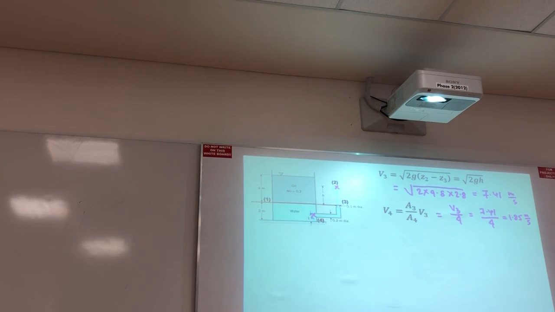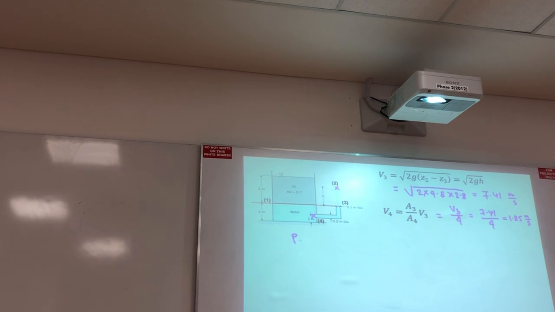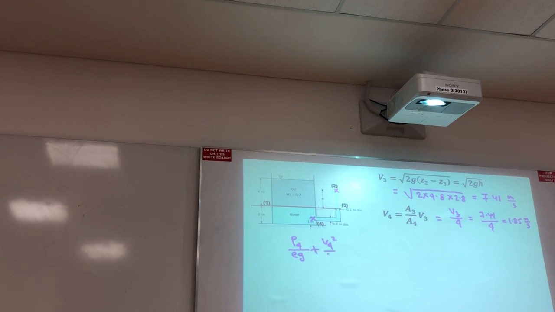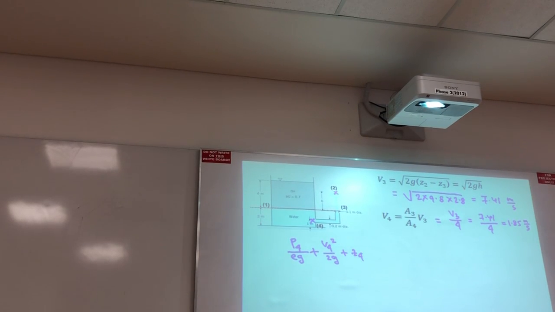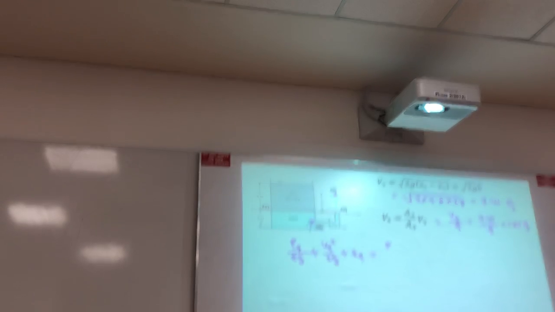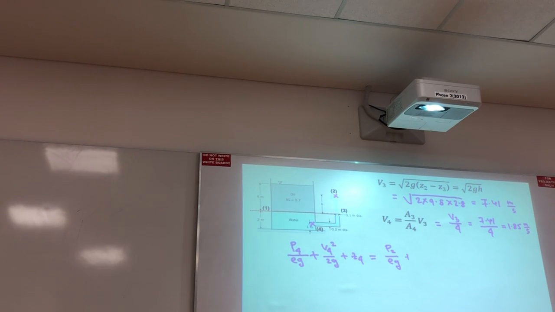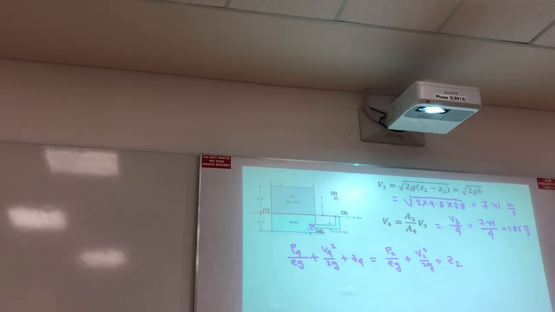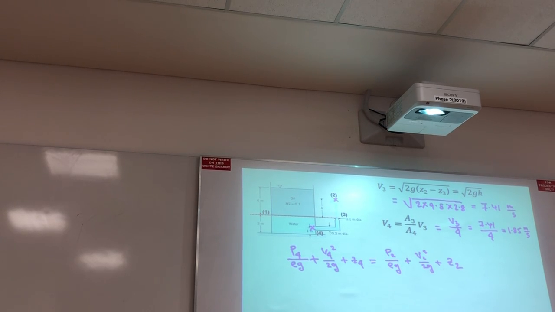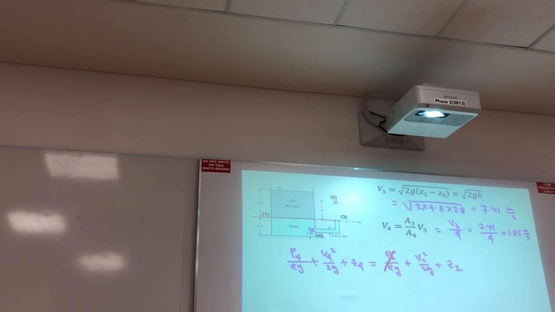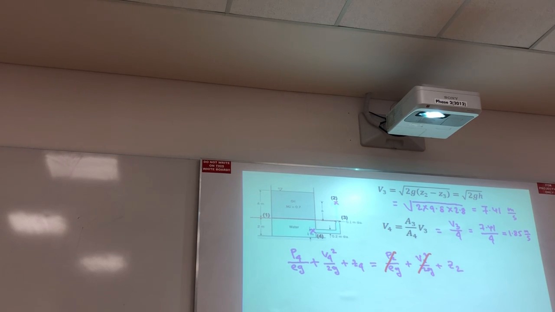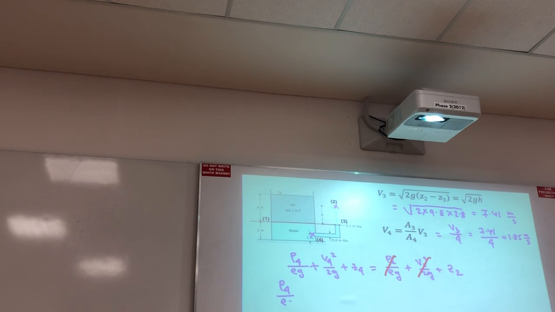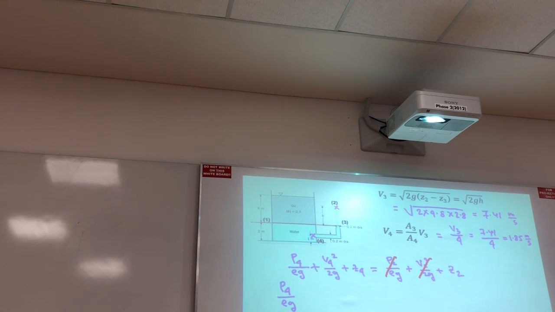Then I can write, tell me, P4 I have to find, P4 by rho G plus V4 square by 2G plus Z4 is equivalent to P2 by rho G plus V2 square by 2G plus Z2. Am I right? Then I can tell you this is 0, this is 0. P4 is not equivalent to 0, so I have to consider P4 by rho G. What is V4?